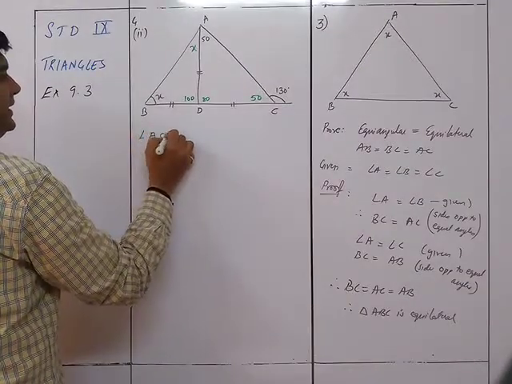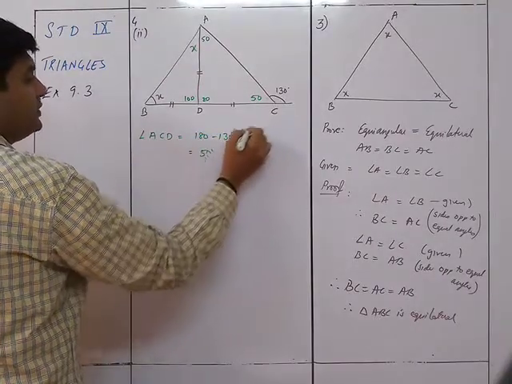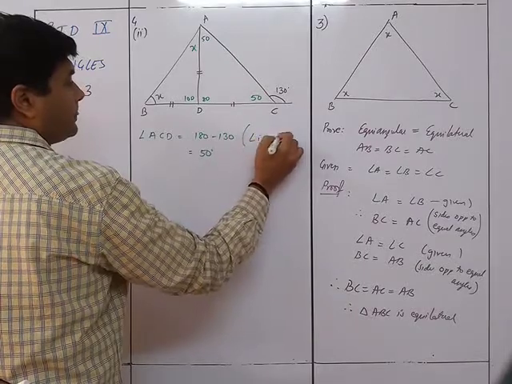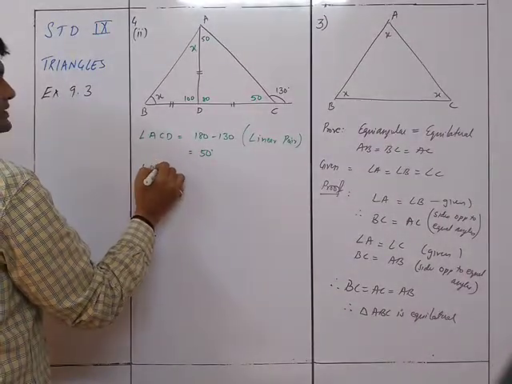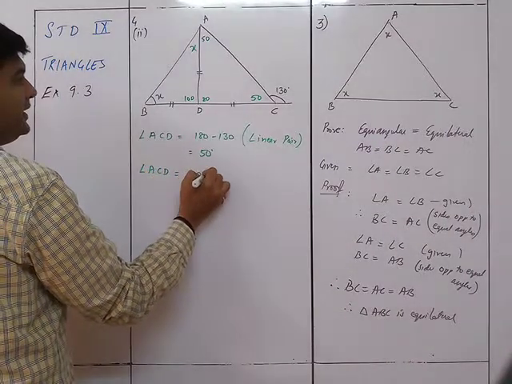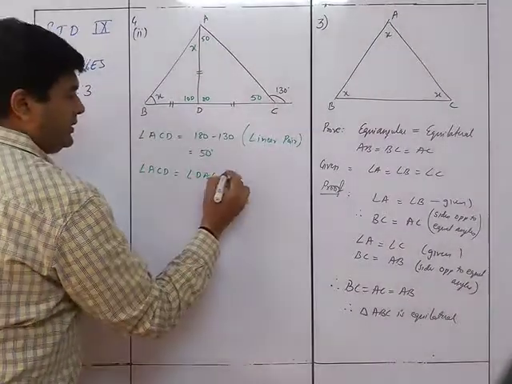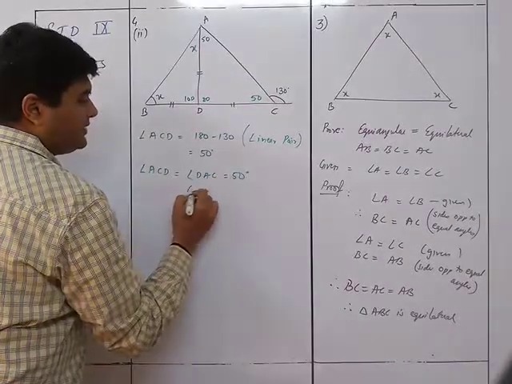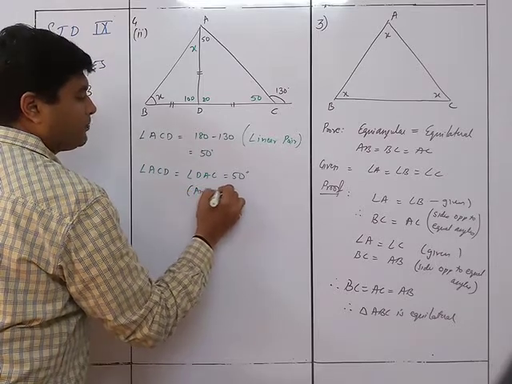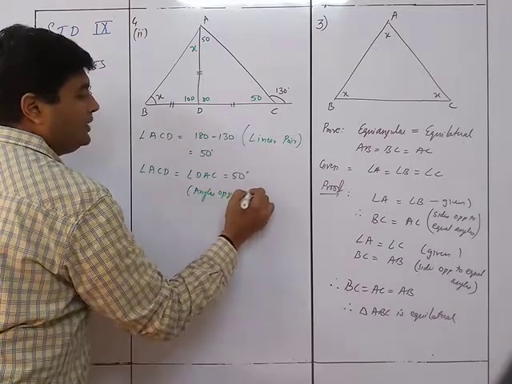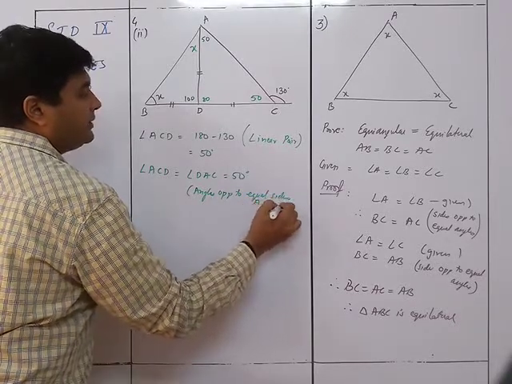Angle ACD is equal to 180 minus 130, which is equal to 50 degrees. It's a linear pair. Angle ACD is equal to angle DAC is equal to 50 degrees. Reason is angles opposite to equal sides AD and DC.